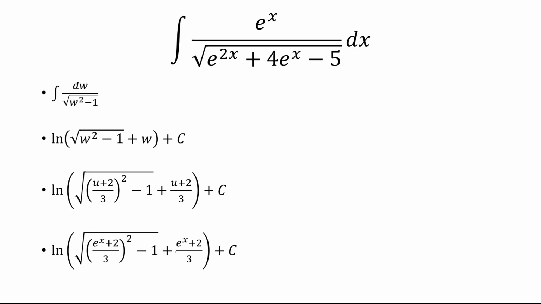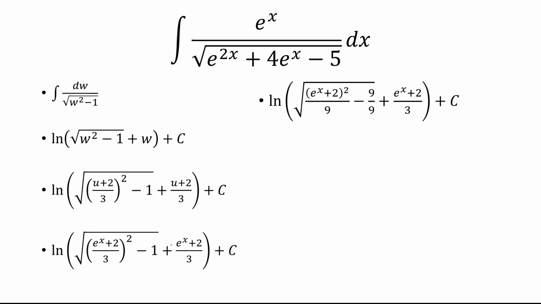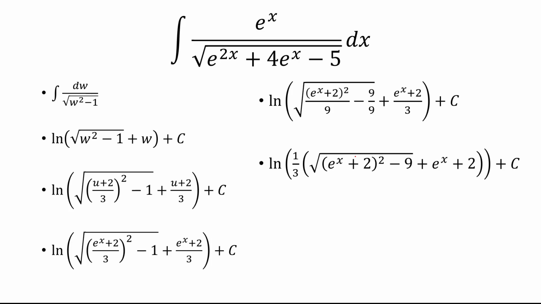Okay, so our goal now is to make this look nicer. So let's work this out. On the top we have e to the x plus 2 quantity squared. On the bottom we have 3 squared, which is 9. And then 1 here we just turn into 9 over 9, because now we could get this under one fraction.